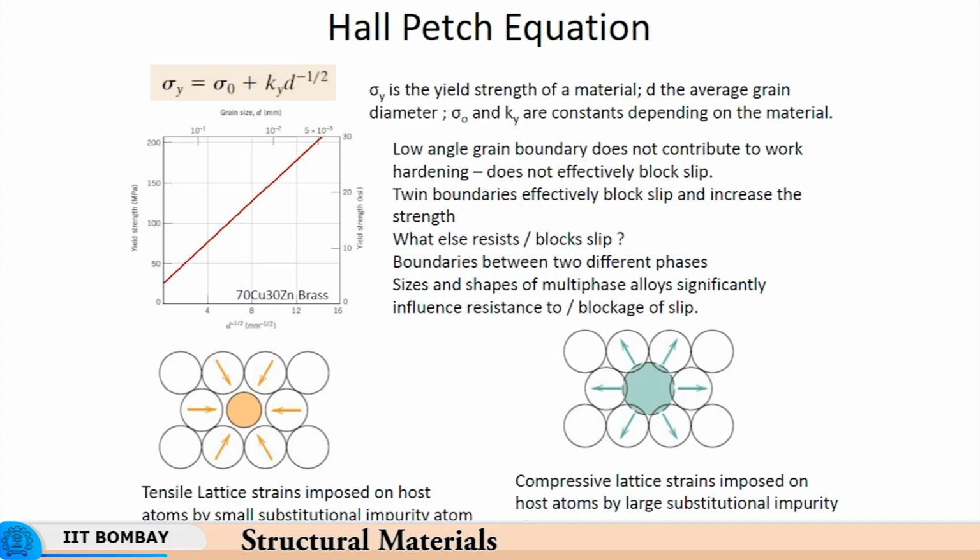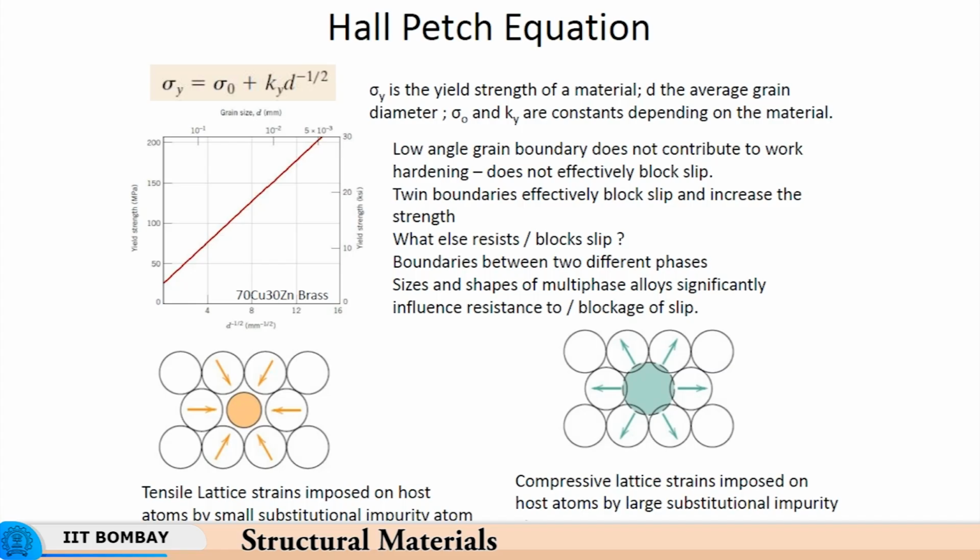This has to be taken with a pinch of salt for nanocrystalline material where grain size becomes extremely small. So this equation is valid for our normal metals which we use. You may use aluminum, steel, copper, all our engineering materials are amenable for this relationship, but the grain sizes should be the ones which we normally use with this equation.